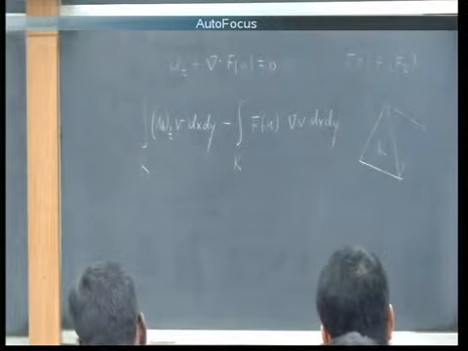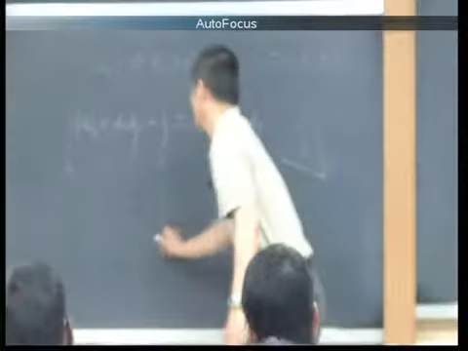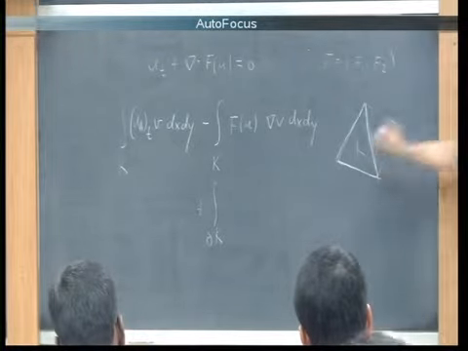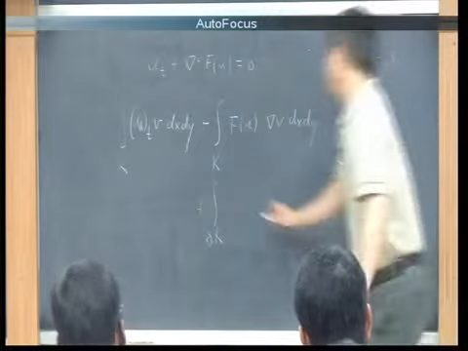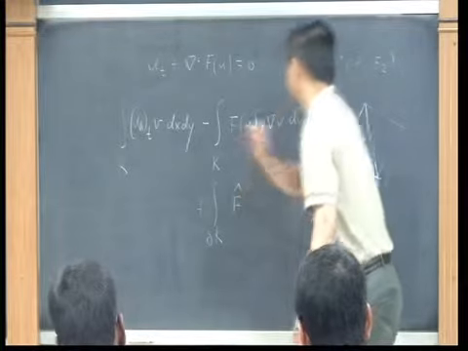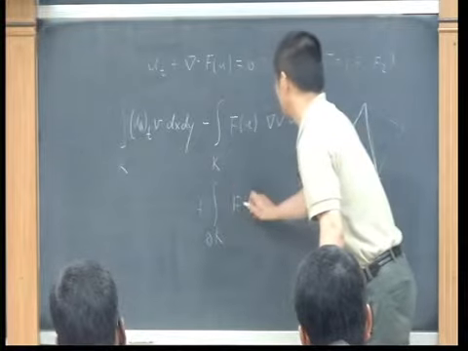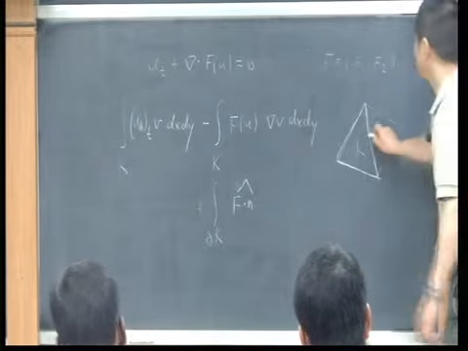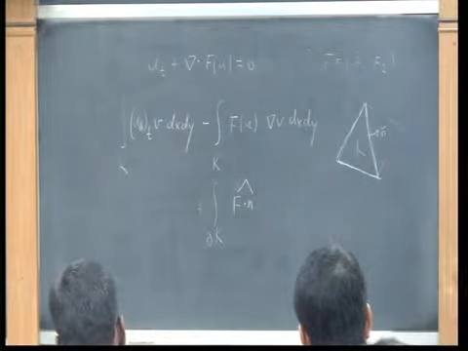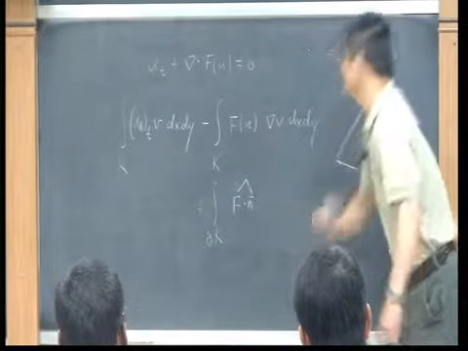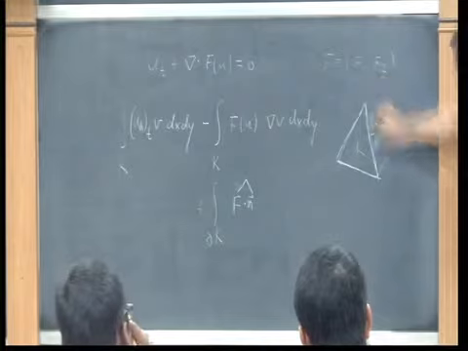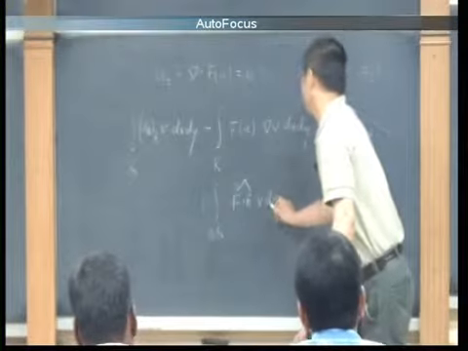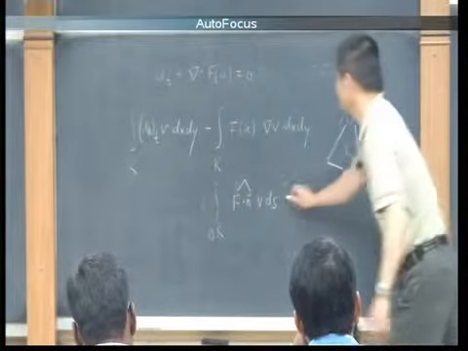And then you have boundary terms. So the boundary terms would be a summation of an integral along the boundary of the cell. And here you have the numerical flux dot n, n being the unit normal vector on the boundary of K, times v ds, equals 0.